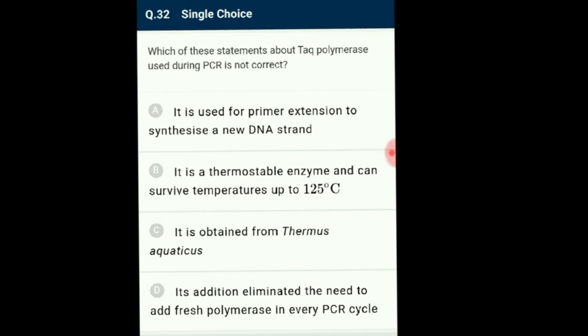Taq polymerase is well suited for polymerase chain reaction because it is able to withstand temperatures up to 95 degrees Celsius required for DNA strand separation without denaturation. So the answer for this question is: it is a thermostable enzyme and can survive temperatures up to 125 degrees Celsius. So the answer is option B. It is an incorrect statement about Taq polymerase, because Taq polymerase can withstand up to 95 degrees Celsius only.